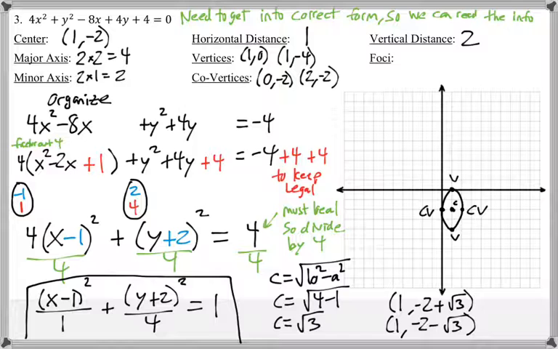And these are the exact values. So the decimal approximations are negative 0.2679 and negative 3.73. So your graph doesn't need to be perfect as long as it's somewhat close. Those will be the two foci.